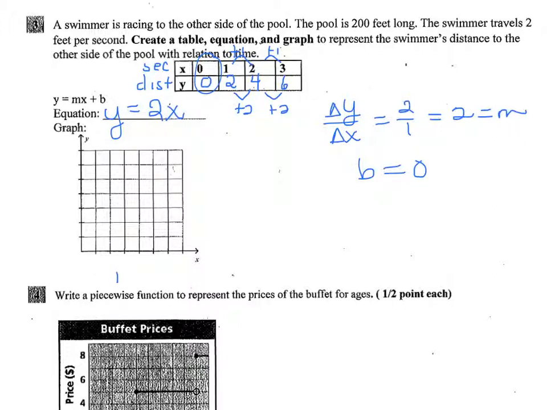So we'll put the time on the x-axis, the distance in feet on the y, and I'll count by 2s, 2, 4, 6, 8. I'll just plot those points, 0, 0, 1, 2, 2, 4, and so on. So the line looks like that.